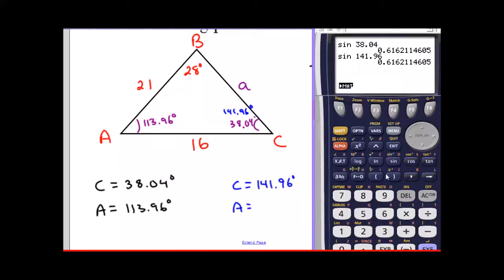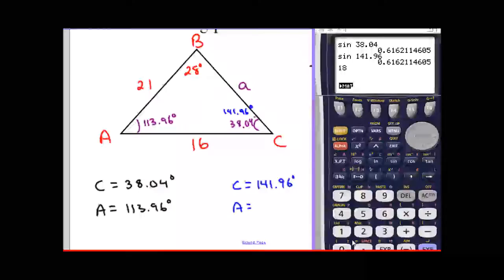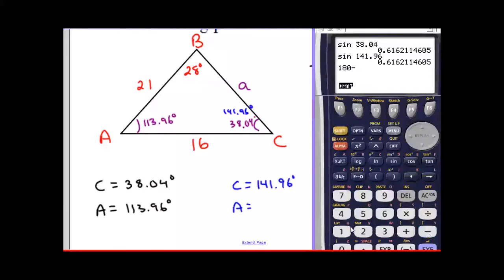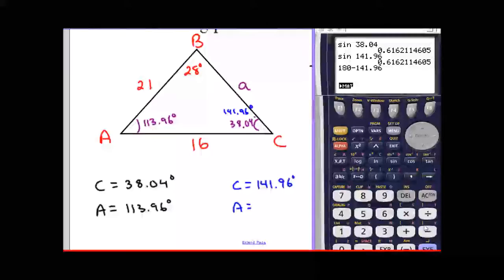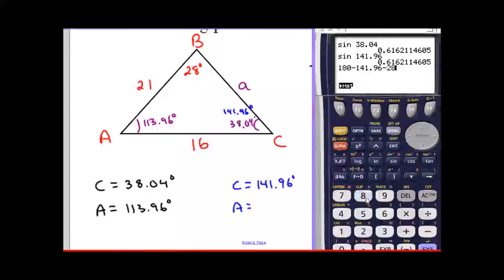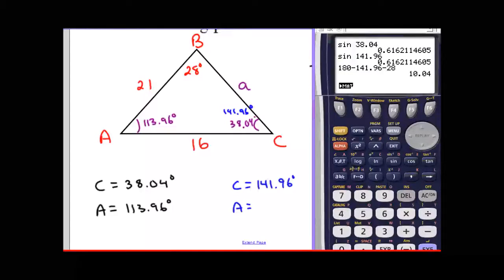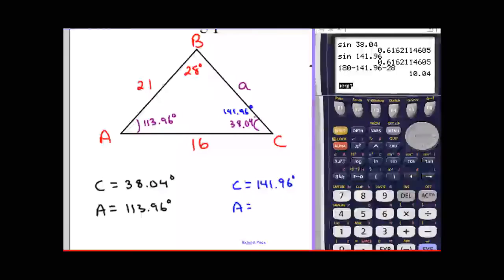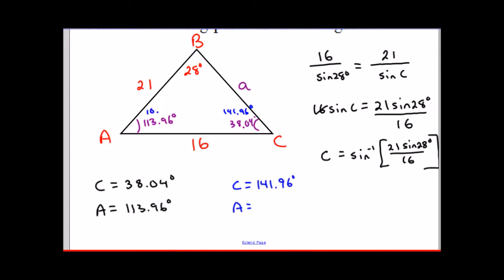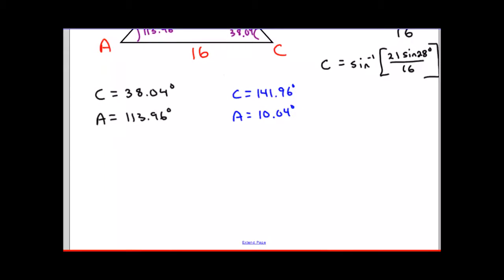And then the other triangle, angle A, would be 180 minus 141.96 minus 28. So angle A could be 10.04 degrees. Okay, so that's why they call these the ambiguous case, because there could be more than one triangle. We're going to get two sets of answers here.